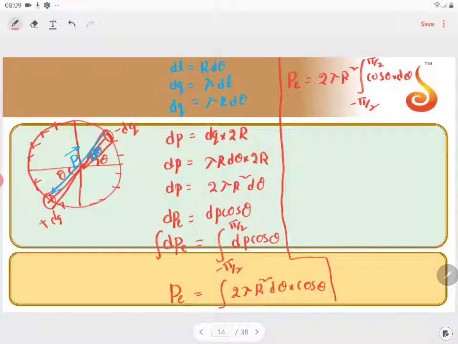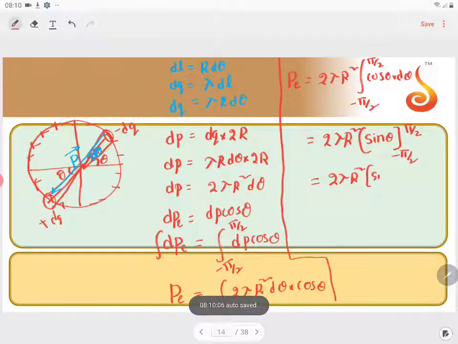What is the integral of cos theta? It is sin theta. So 2 lambda r square sin theta, with limits minus pi by 2 to plus pi by 2. It is equal to 2 lambda r square times sin 90 minus sin of minus 90.